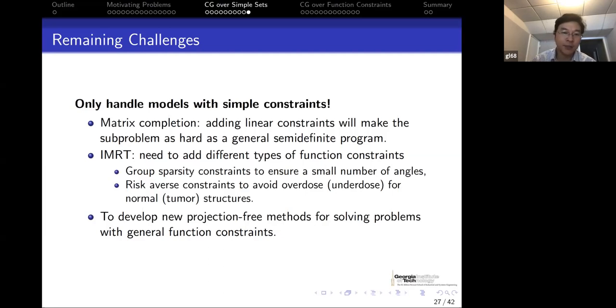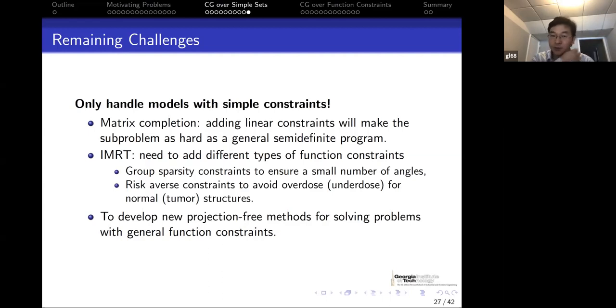For IMRT, for this type of problems, we often have different function constraints, okay? One is to use group sparsity constraint to ensure that we have a small number of angles. And another important constraint is risk-averse constraint used to avoid overdose or underdose for either normal or tumor structures.